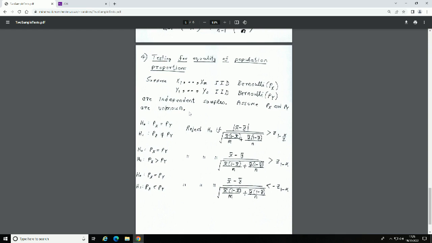So which rule do you think we should use? Is it 1, 2, or 3?